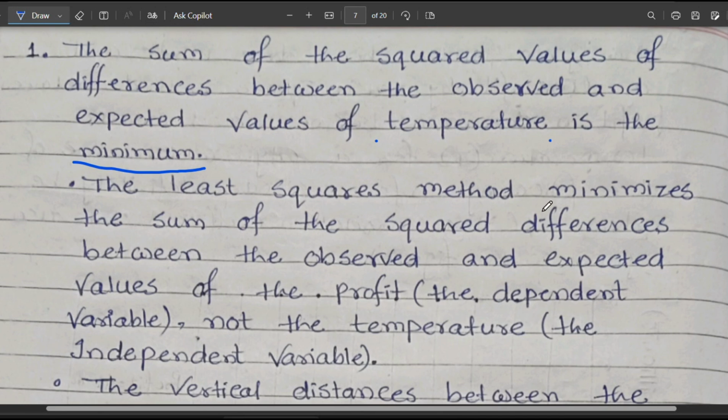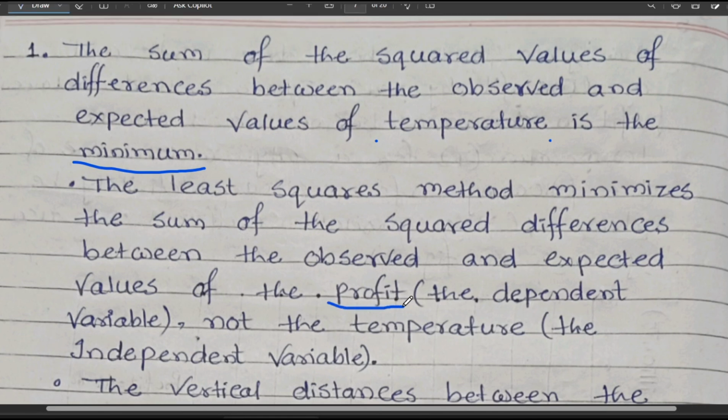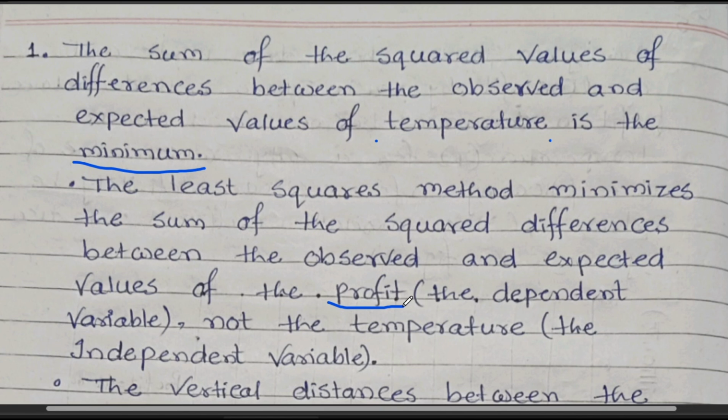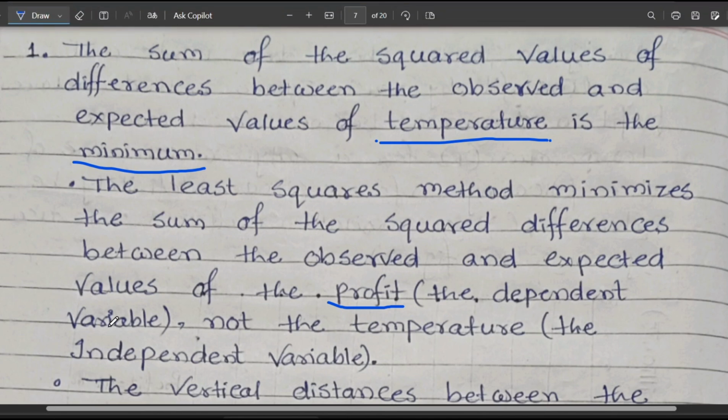The least squares method minimizes the sum of the squared differences between the observed and expected value of the profit, not the temperature.